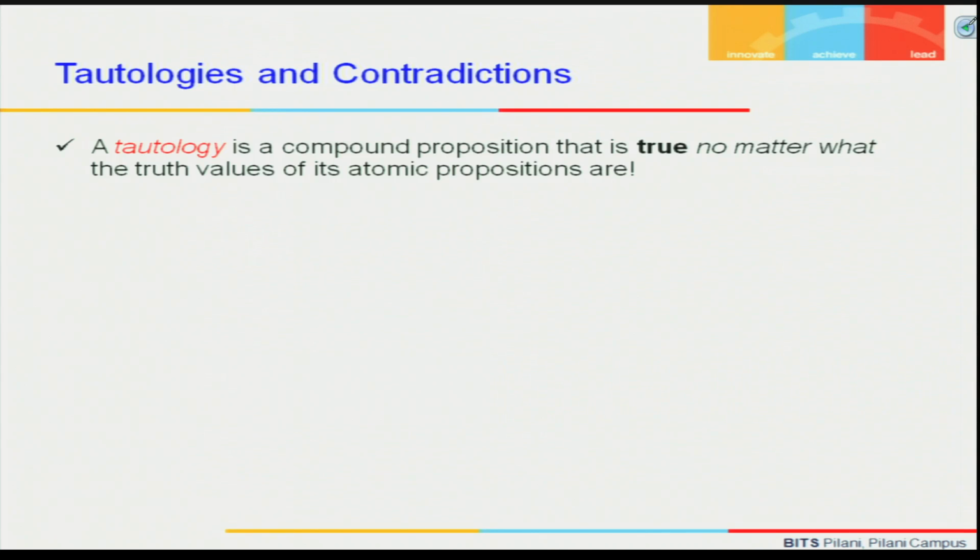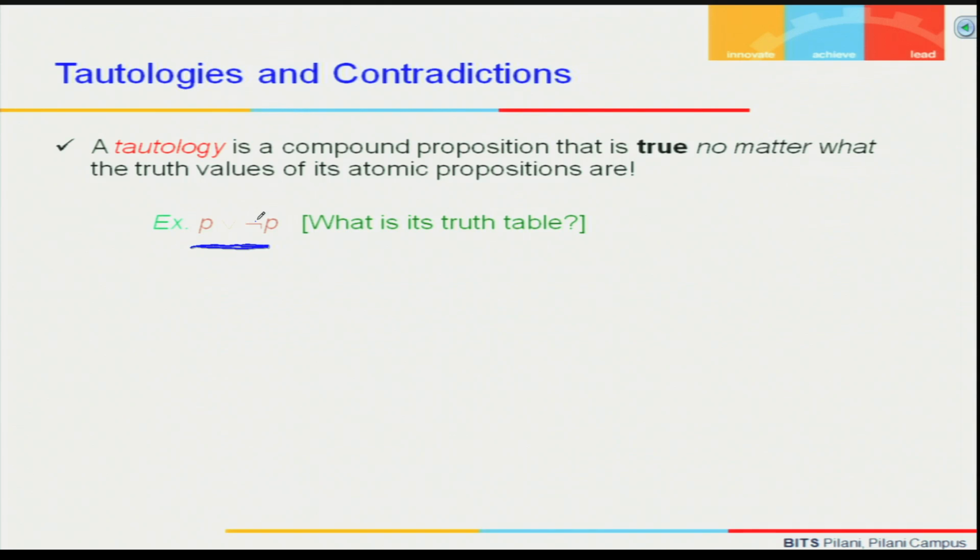Let us see this simple example. P or not P is definitely a compound proposition. When do we say this is a tautology? Whatever the value that P assumes, whether P assumes true or false, this compound proposition, P or not P, should always have truth as its truth value.